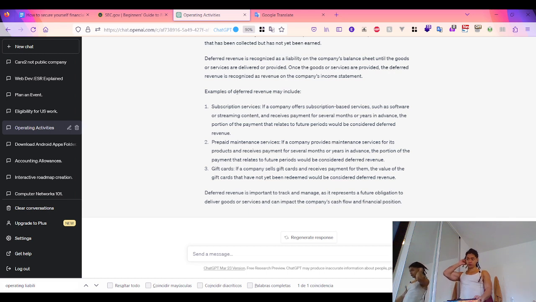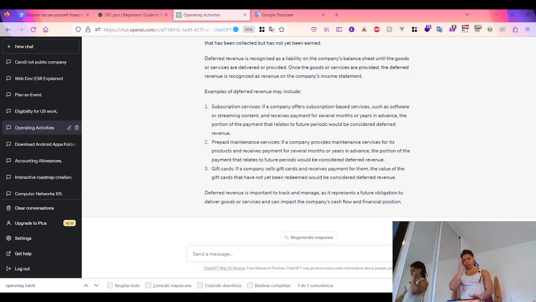Examples of deferred revenue may include subscription service. If a company offers a subscription-based service such as software or streaming content and receives payment for several months or a year in advance, the portion of the payment that relates to the future period will be considered deferred revenue, meaning a liability for the company, an obligation to provide that service.